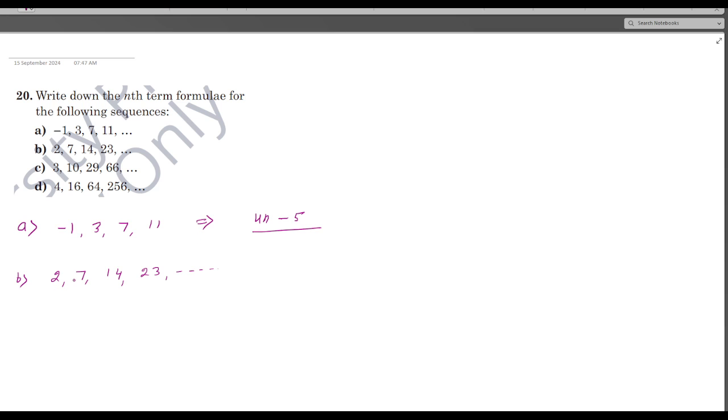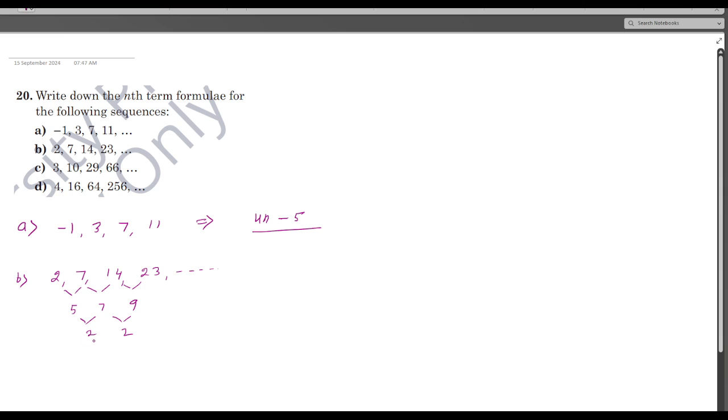Like here, the first difference is 5, but the second difference is 7, and the third difference is 14 plus 6 is 20, 6 plus 3 is 9, 5, 7, 9. So here your difference is now same, so it is 2, 2.